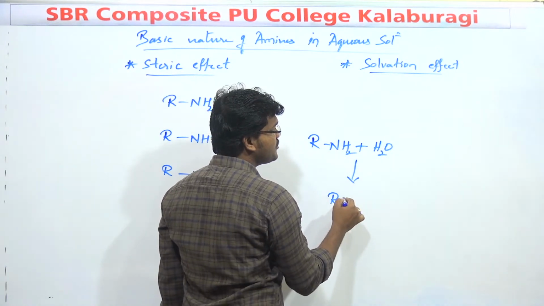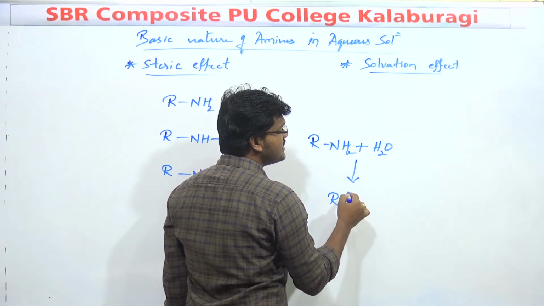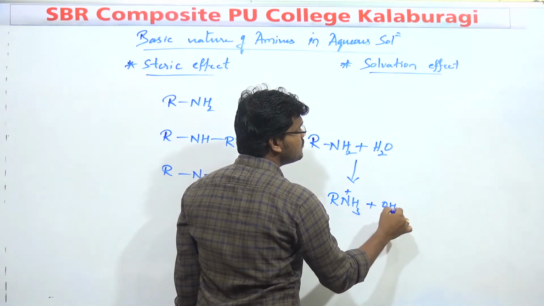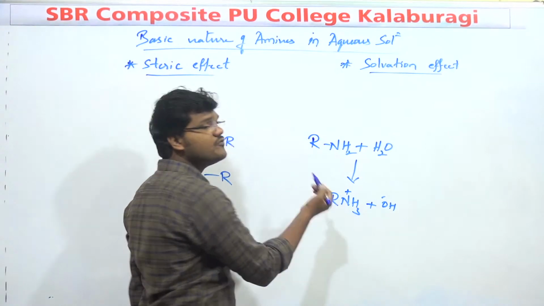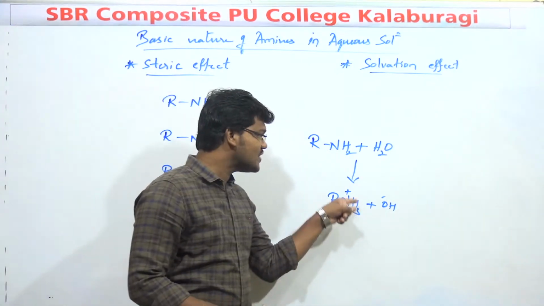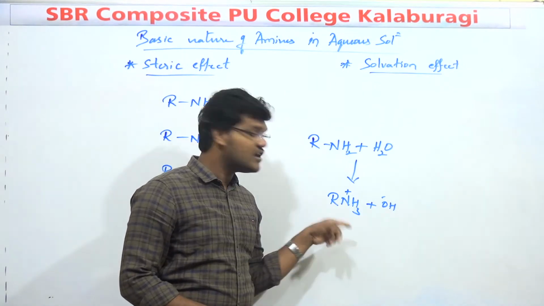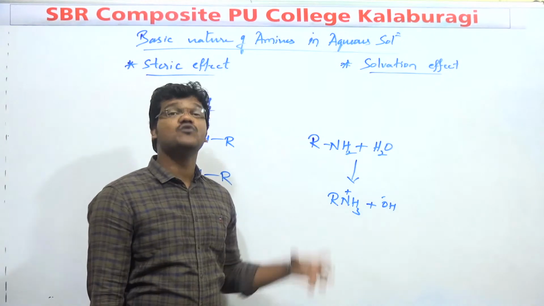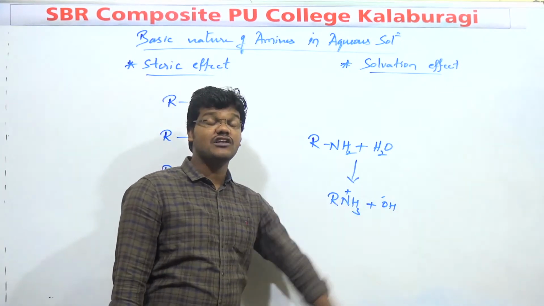So they are going to form RNH3 plus OH minus. Now this guy is going to form a hydrogen bond, so it has to come and attack with nitrogen, or these hydrogens should form hydrogen bonds with water molecules. Then they are dissolved in water.